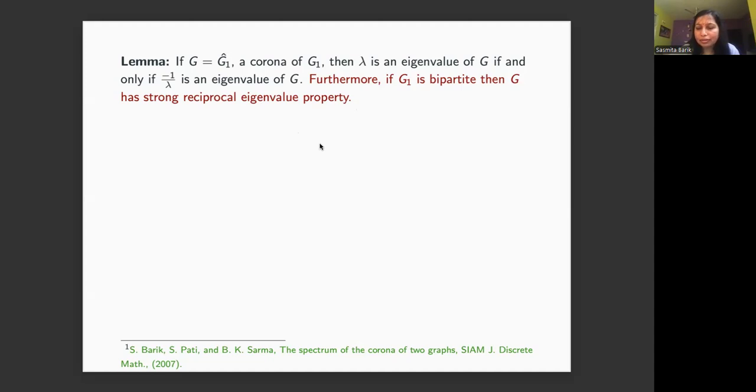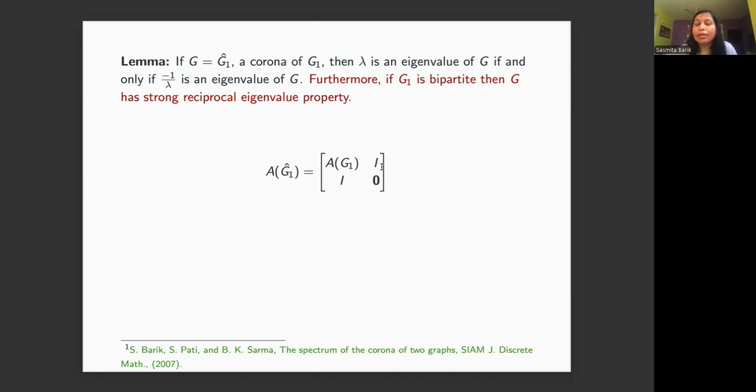And that's easy to prove, because when you are making the corona, you are just adding pendants to every vertex. So basically the adjacency matrix of the corona of G1 will look like a block matrix. Here you take the adjacency matrix of G1, and because you added pendants to every vertex, this block will be the identity, with one appearing in each row.